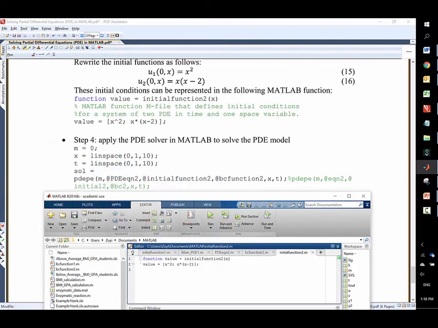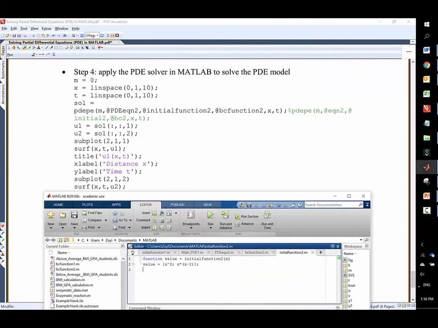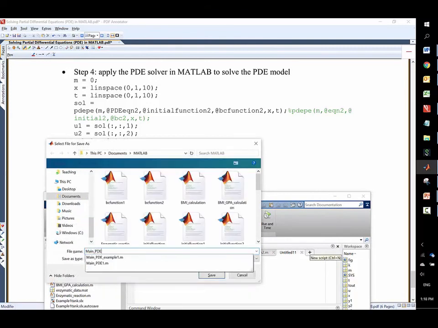Okay, the last one is the main function, and then we are done, hopefully, right? Again, m equal to 0, so save it as main PDE2.